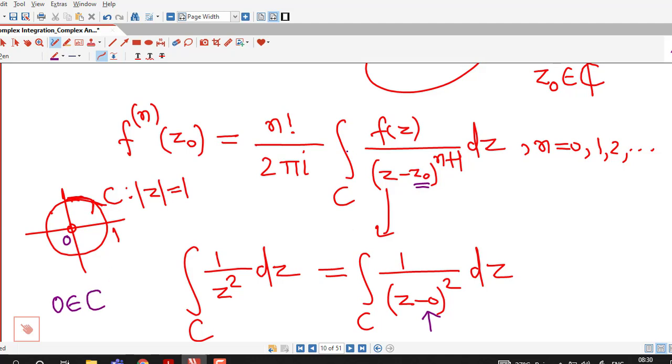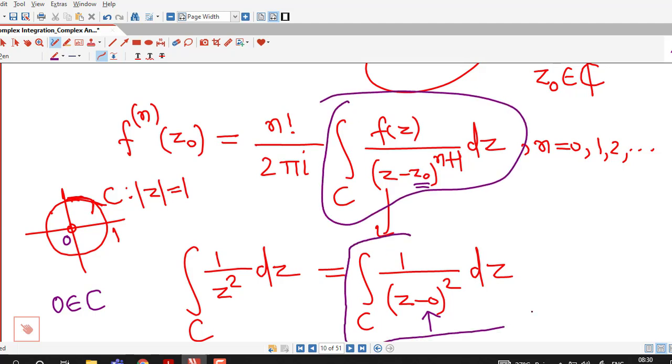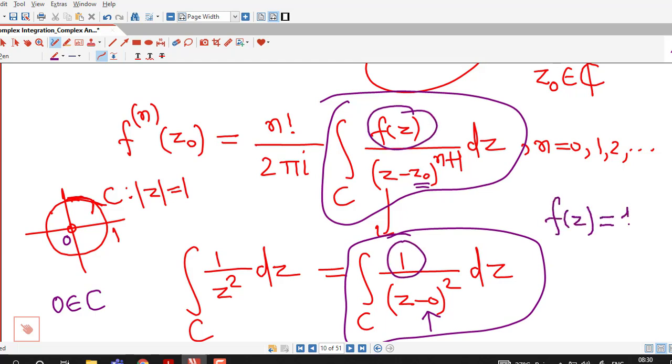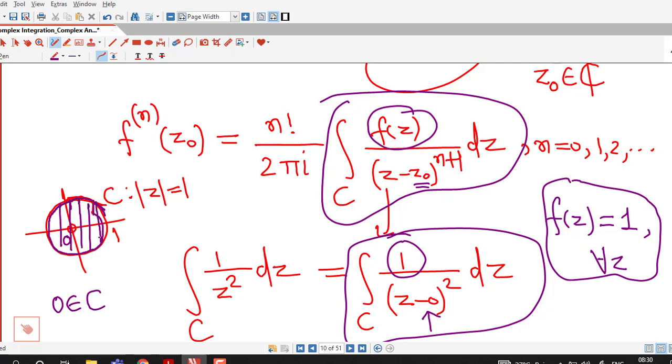Now if we compare these two integrals again, then we have to consider our function f of z as a constant function. So here f of z is 1 for all z, and if we take f of z equal to 1 for all z, then we know that f of z is analytic everywhere. Therefore f of z is analytic at all points on this circle as well as at all points inside the circle.